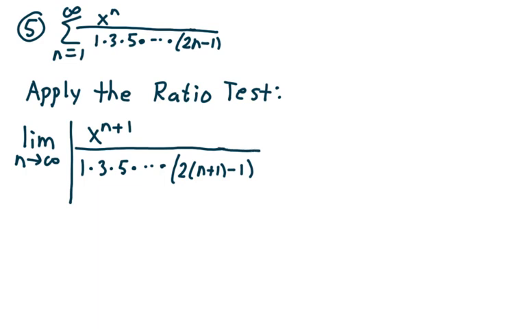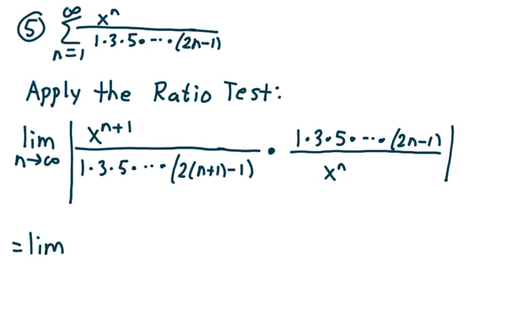Okay? So wherever I see an n, replace it with n + 1. Then I'm going to go times 1 times 3 times 5 all the way through until 2n minus 1 divided by x^n.